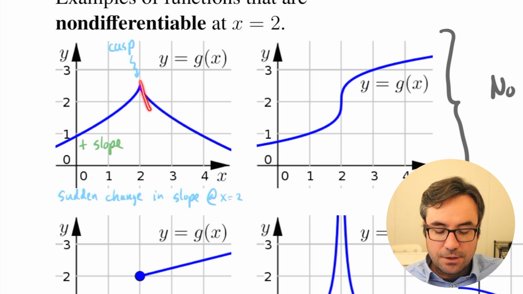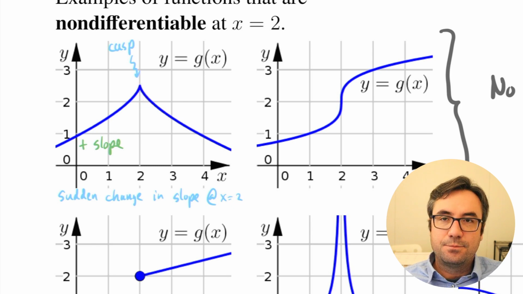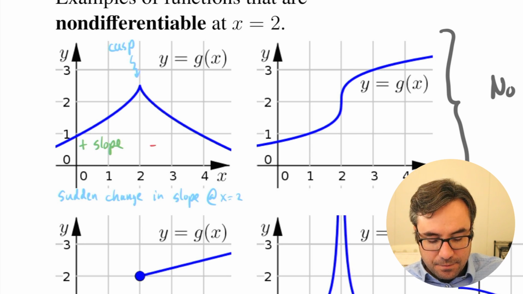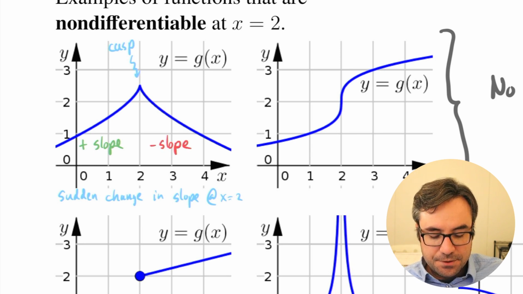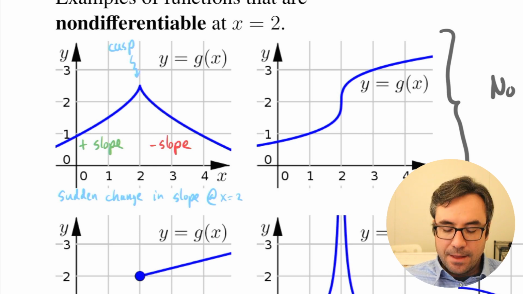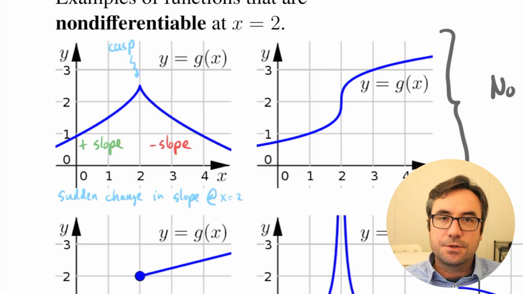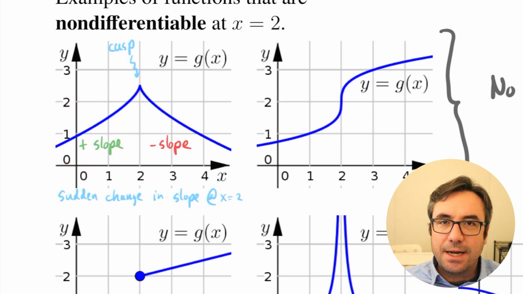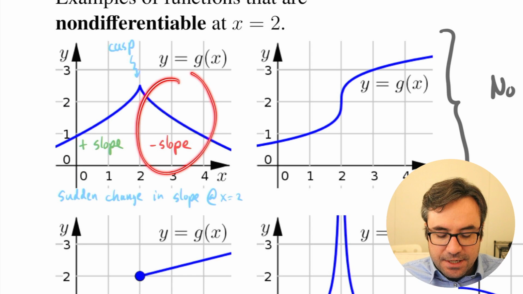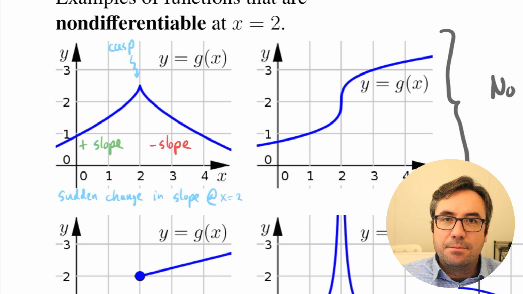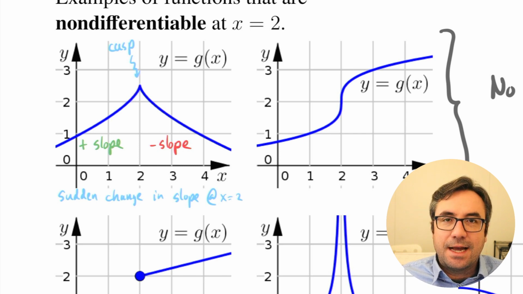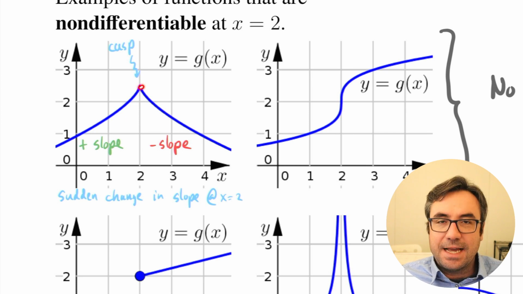And as we get closer and closer to 2, they're pointing further down, so these are going to have negative slopes. So as we get closer and closer to 2, one side of our graph wants to have largish positive slopes, and the other side wants to have largish negative slopes. And so it's hard to reconcile once we get exactly at that point.